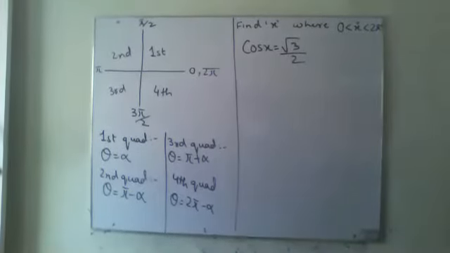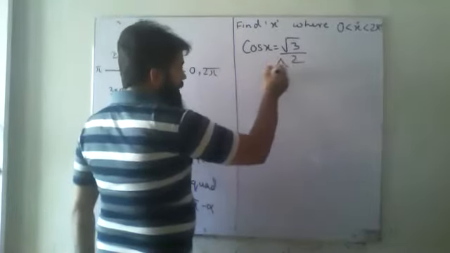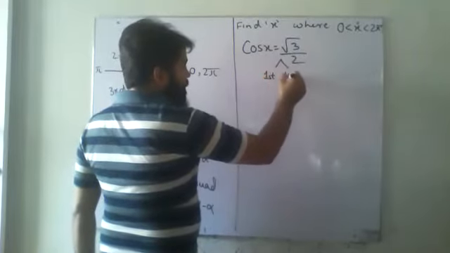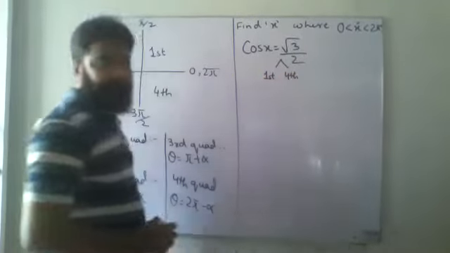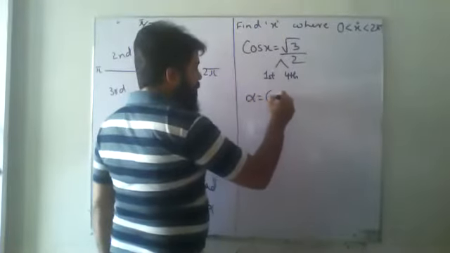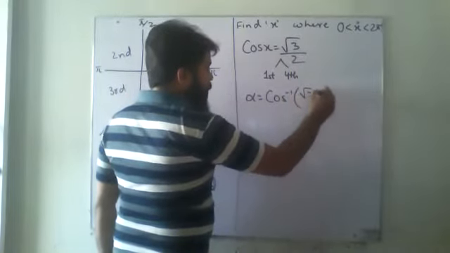So first of all, what I am going to do over here, I will be writing that as it is positive, it should lie in the first and fourth quadrant, right? So alpha equals cos inverse root 3 over 2.